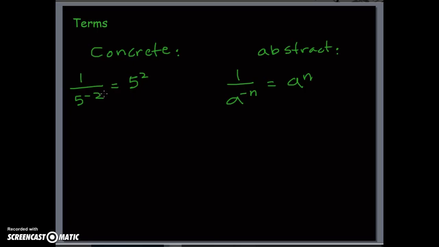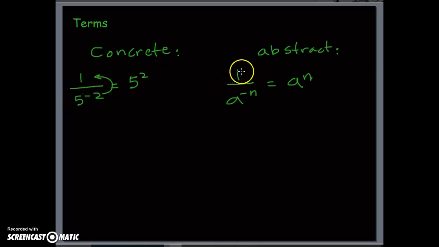So right now it's in the denominator, or the bottom of the fraction. So I'm going to move it over the fraction line into the numerator, and in doing so, the negative in front of the exponent becomes a positive. So now 1 over 5 to the negative second power is 5 to the positive second power. So that's essentially how you convert a negative to a positive.